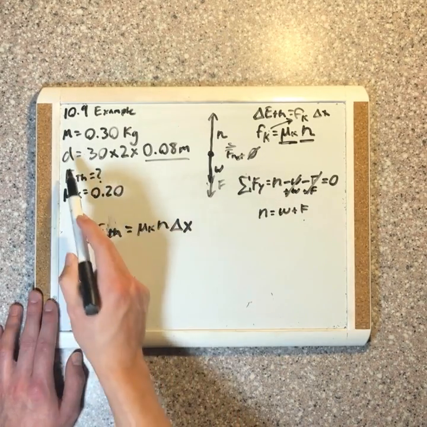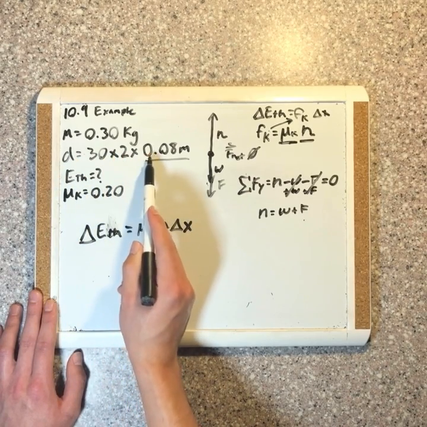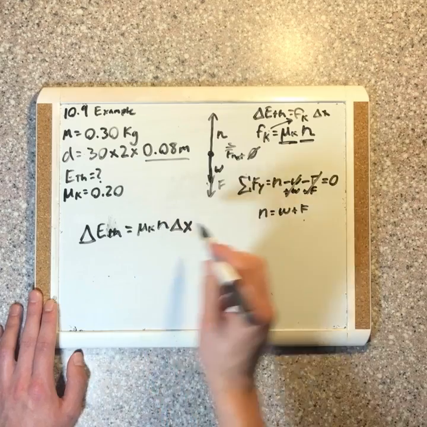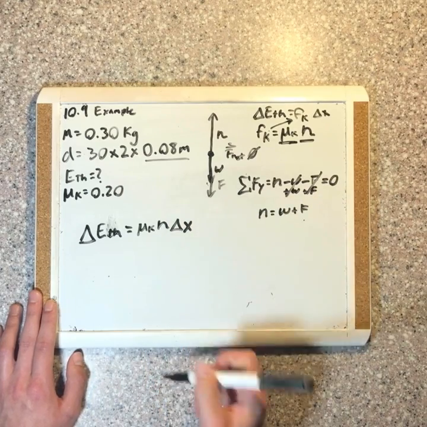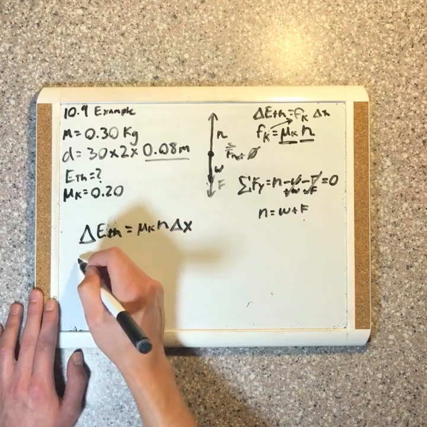Now, remember, if we look over here at our distance, we got a lot going on, 30 times 2 times 0.08 meters. So we're going to have to implement that all into our final equation. Let's go ahead and write that all out.